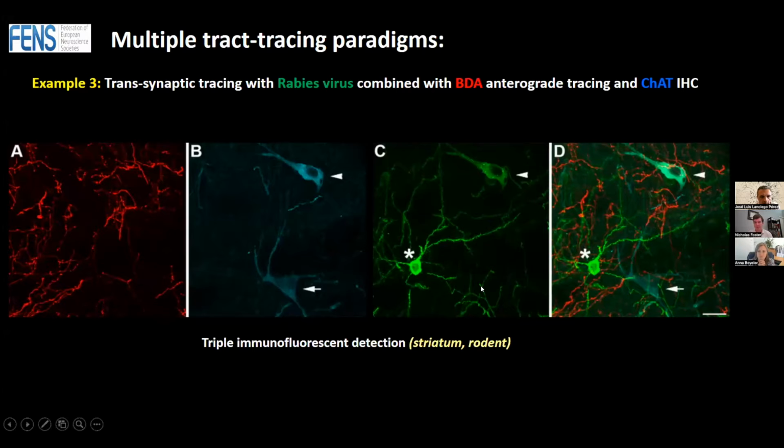And what is nice in this picture is that from the neurons that are stained as positive for choline acetyltransferase, only one of those neurons is secondarily transduced with the rabies virus, meaning that this particular neuron here, you can see with the arrowhead, we know for sure that it is innervating striatofugal neurons, and not this other one that remains only positive for choline acetyltransferase.